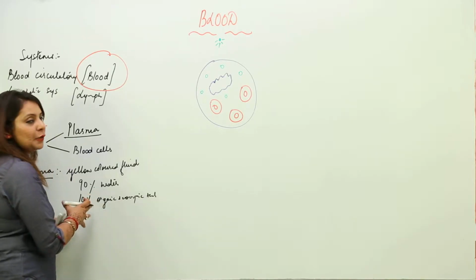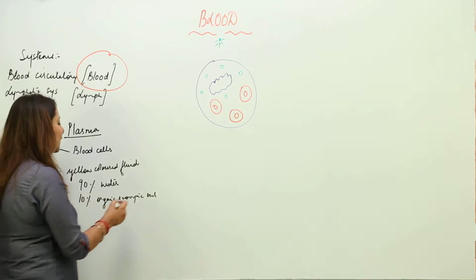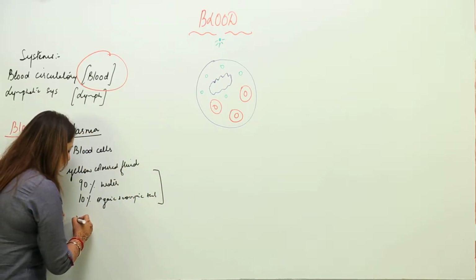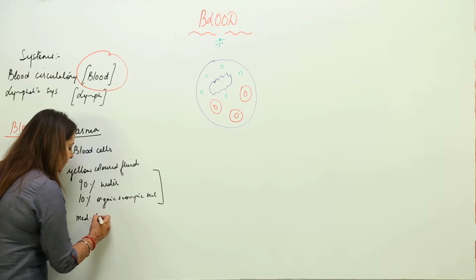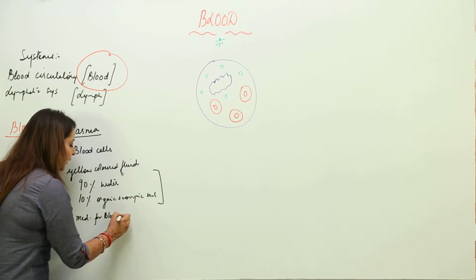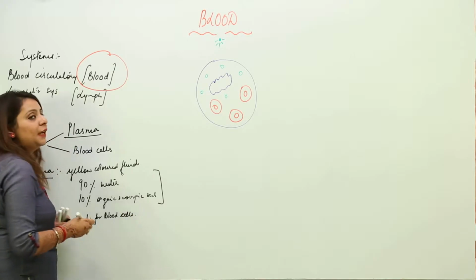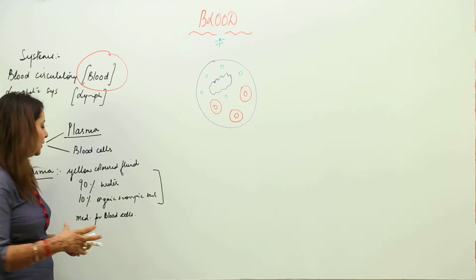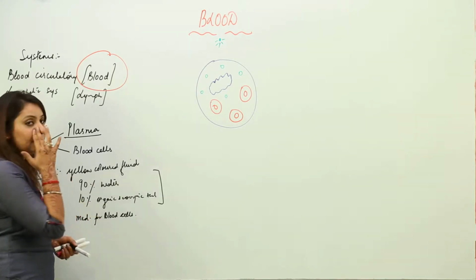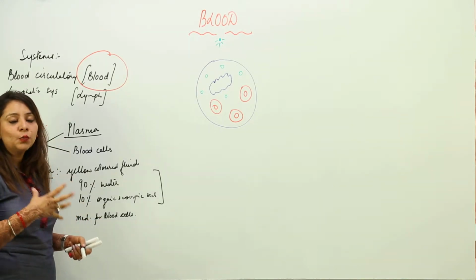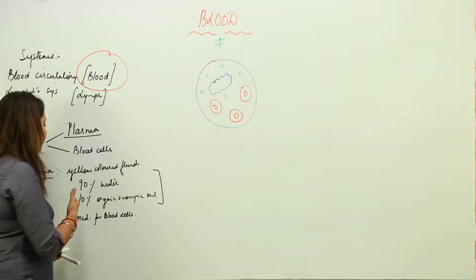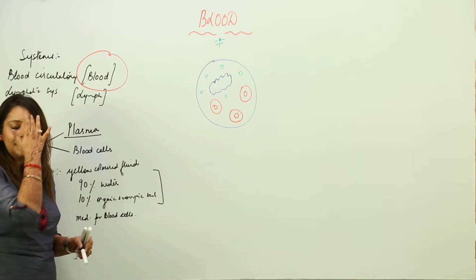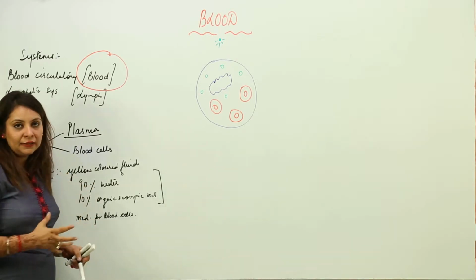Because the plasma contains these substances, it acts as a medium for blood cells. That means the plasma is very important, because blood cells remain scattered in the plasma. Why do they remain scattered? Because the plasma serves as a medium, that is why the cells remain alive. So we need plasma if we want the blood cells to survive, due to the presence of these substances acting as a medium.